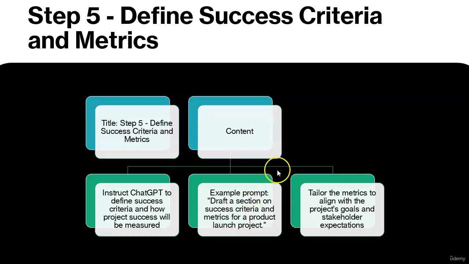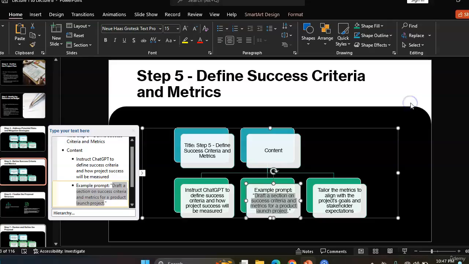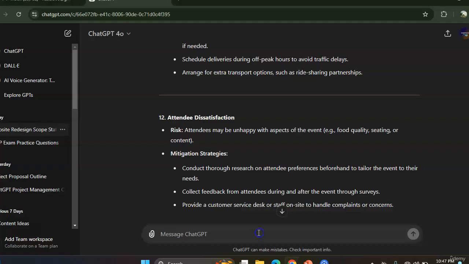So I'm just going here, let's see, selecting this prompt, and then I am going to the ChatGPT window. So let's see, draft a section on success criteria and metrics for a product launch project.